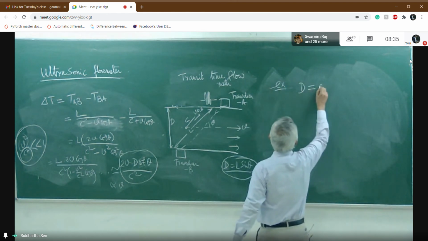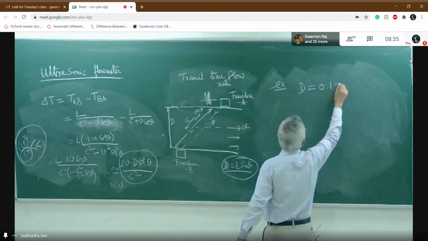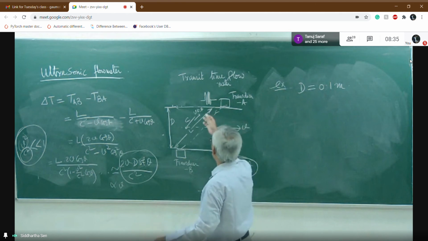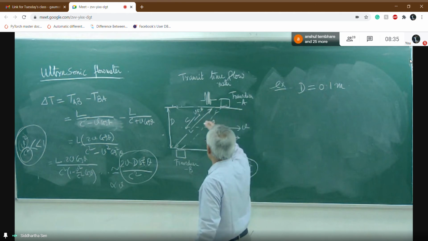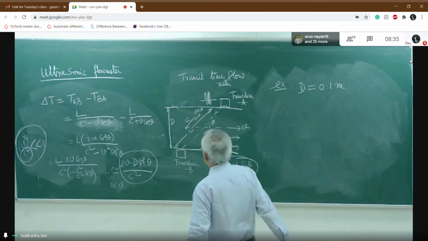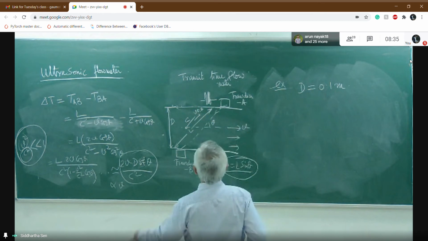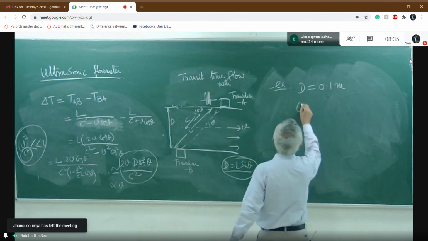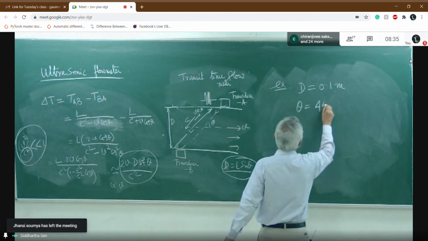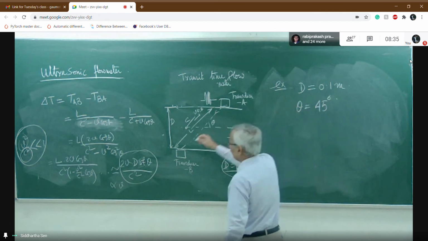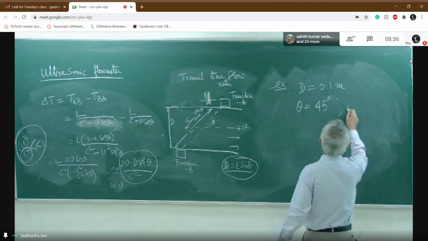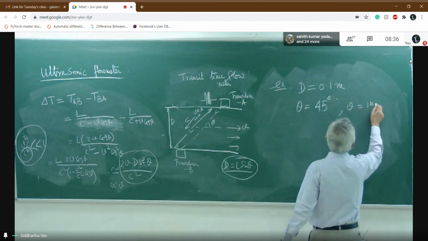Capital D is equal to 0.1 meter, so 10 centimeter. The velocity is 300 meter per second. Naturally this pipe diameter is also very small, so it will not deviate. Say theta is equal to 45 degree, so cos theta comes to be equal to 1. V is equal to 1 meter per second.